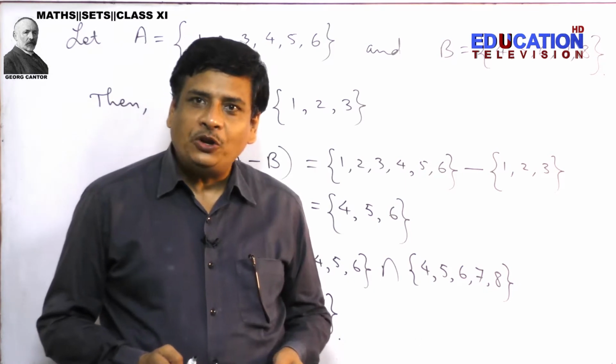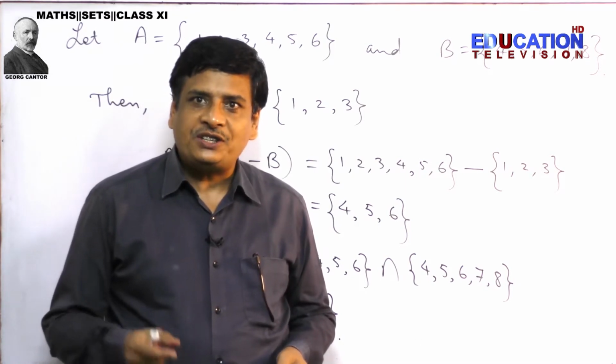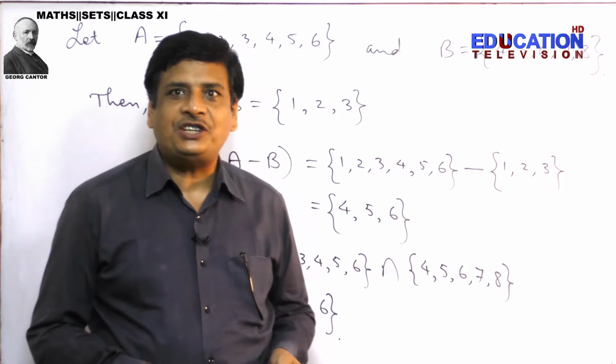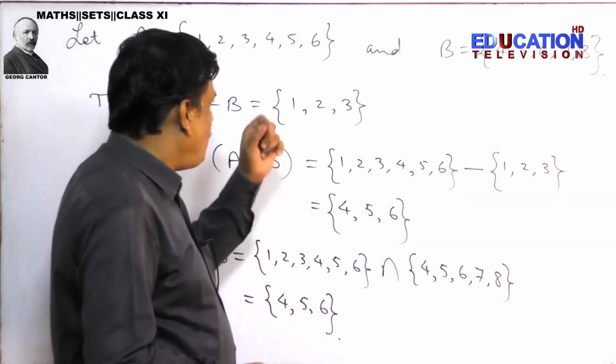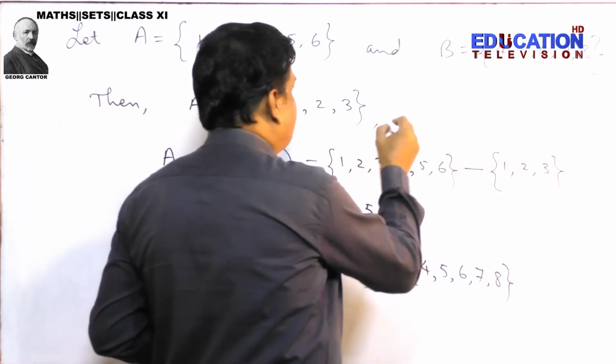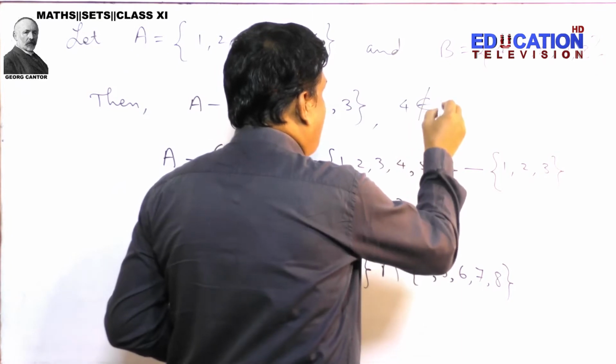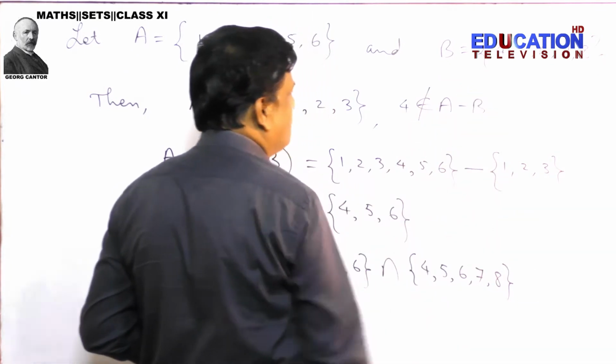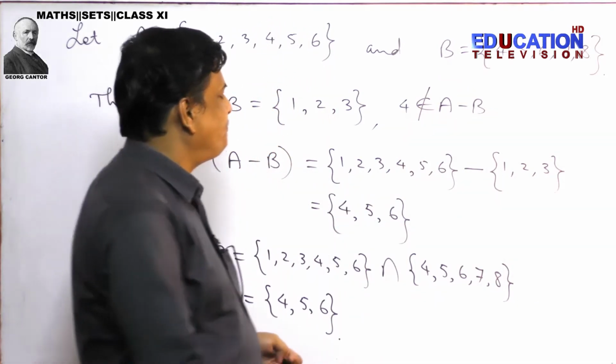x does not belong to A minus B means x is not in A and x is not in B. Why is 4 not taken in A minus B? What is the reason behind this?